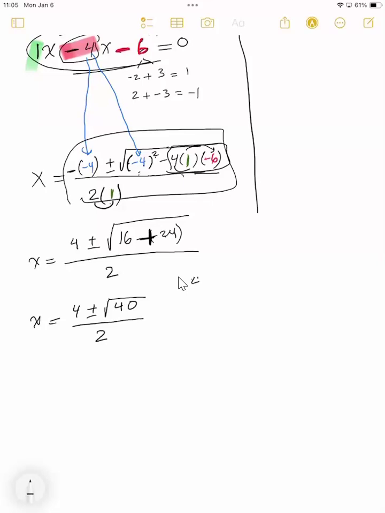And then you write 40 as 2 times 2 times 2 times 5, because 40 is made out of 4 and 10, and 4 is 2 and 2, and 10 is 2 and 5.